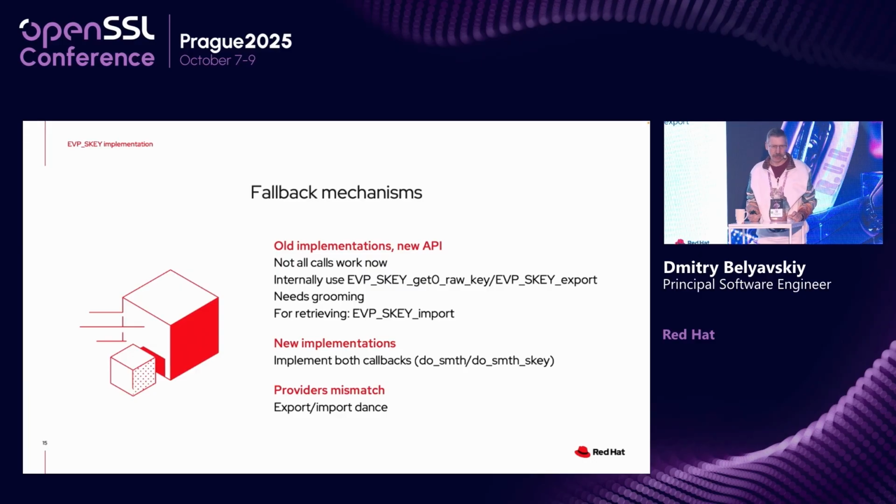For new implementations, we recommend having both callbacks when appropriate, either do something or do something as key. And it will be safe enough. And if you use an old build of OpenSSL with the new provider, the new callbacks will not be visible on initializing the provider, and nothing bad happens.